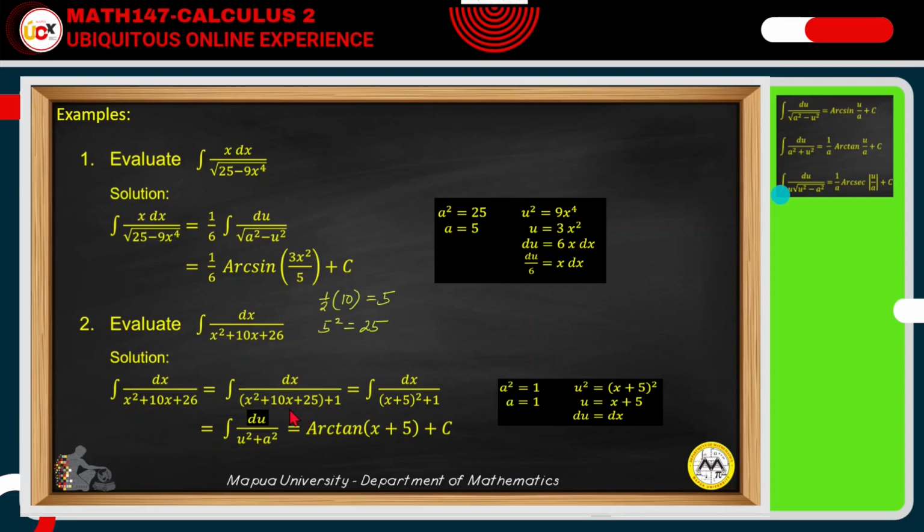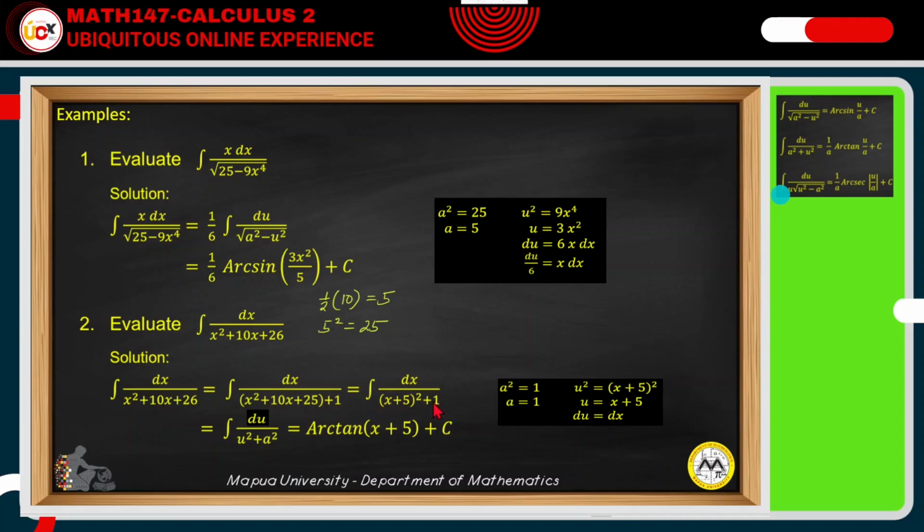And this can be factored into x plus 5 to the second power by taking the square root of the first term, x, the square root of the last term, that's 5, and then copying the sign of the middle term, so you have plus. And then raise this to the second power plus the constant 1.